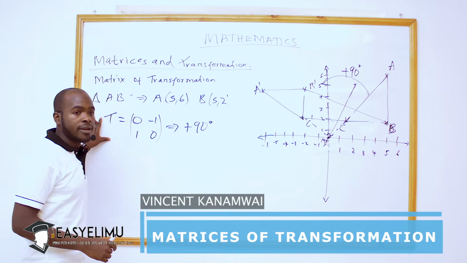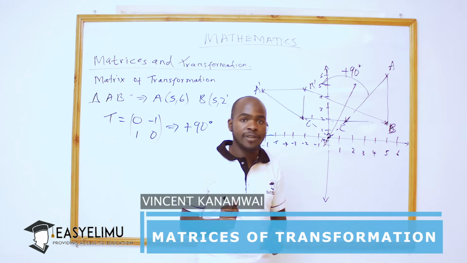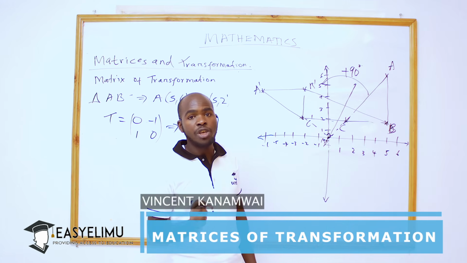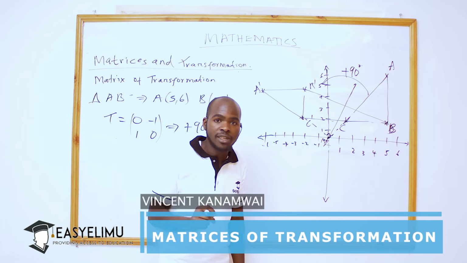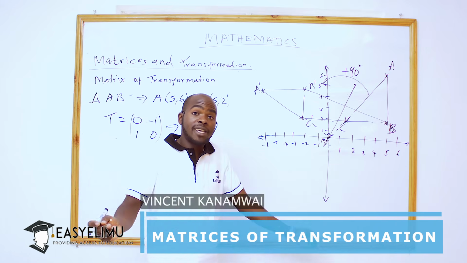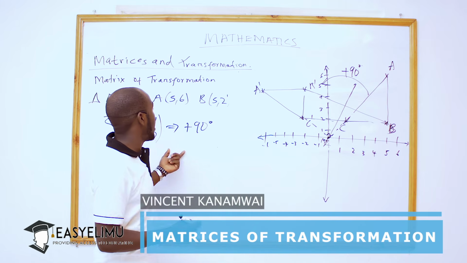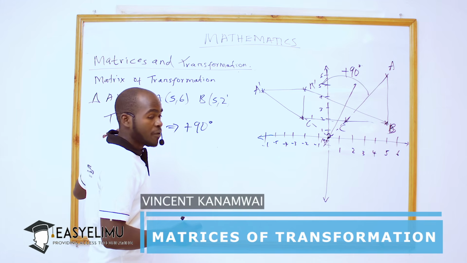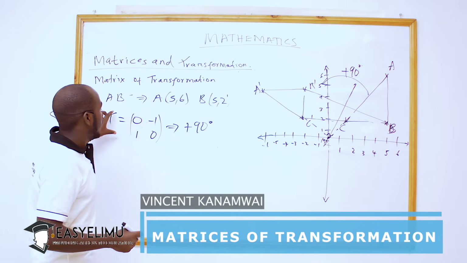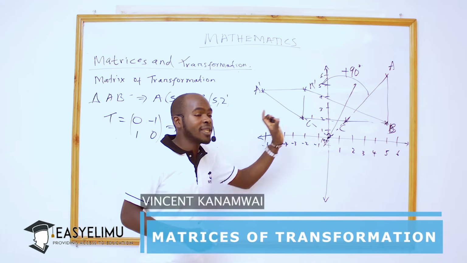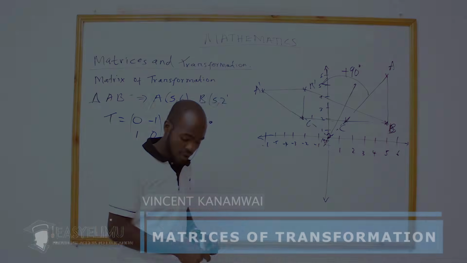Now, I can say that if you have been given any kind of matrix or any kind of transformation, if you want to know what kind of matrix or transformation it is, you take any object, and precisely we always take a 1 unit square and we multiply it using this kind of transformation or any given kind of transformation. For instance, here we had this one and we have seen how it works. It will always work for any other transformation you are being subjected to.